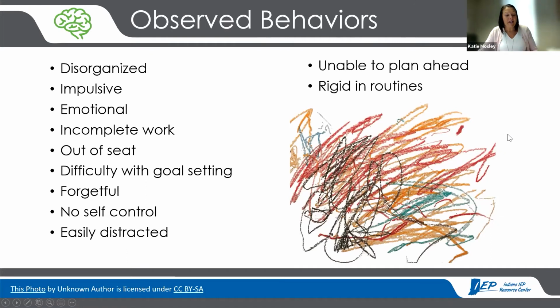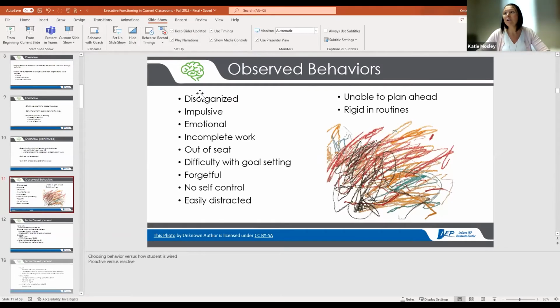In our classroom, I found this scribble drawing and I just thought it was perfect for explaining executive functioning. You can see some of these observed behaviors. What does it look like in the classroom? Well, it may be disorganized or impulsive behavior, very emotional children.